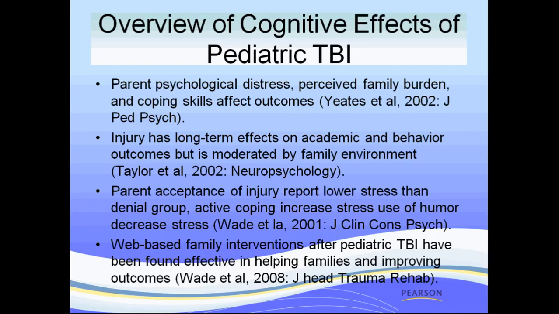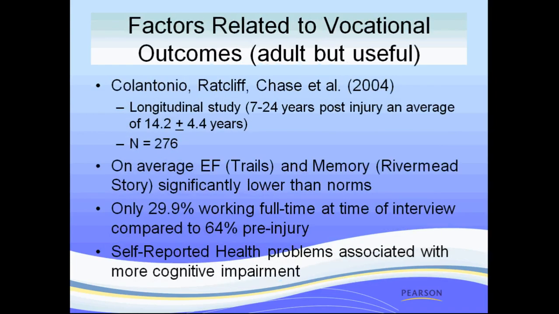Although it's based on adult research, I think we can glean a lot in terms of its application for children as well. The Colantonio study looked at a very large sample of individuals with brain injury a very long time after their injury.